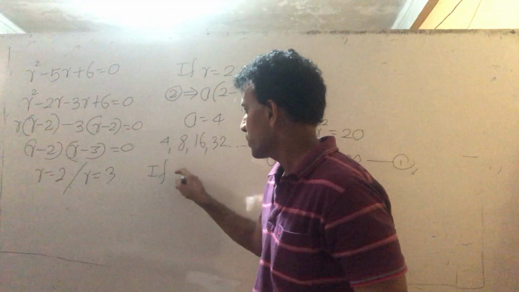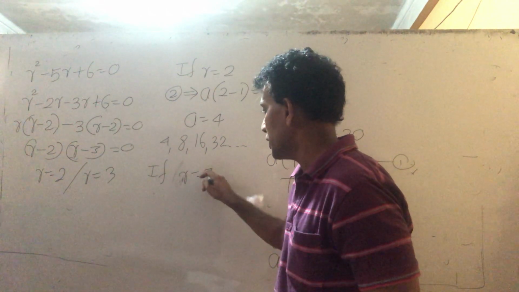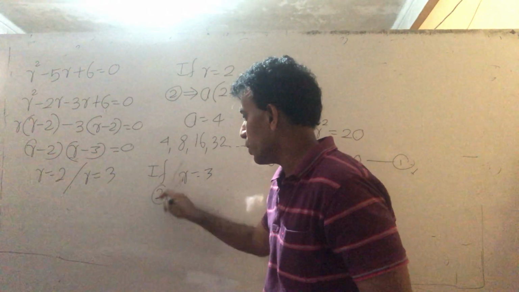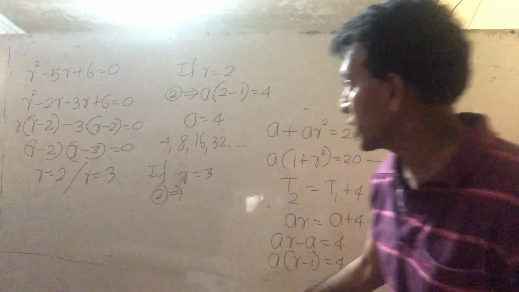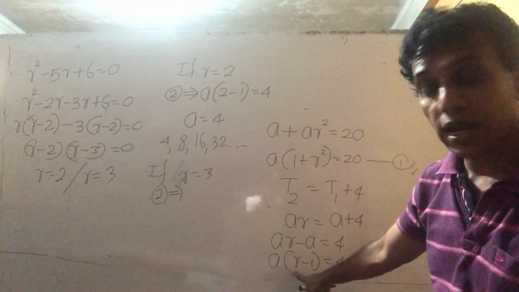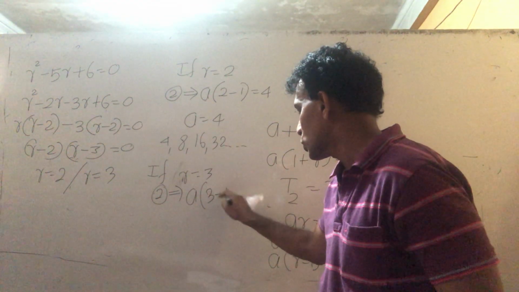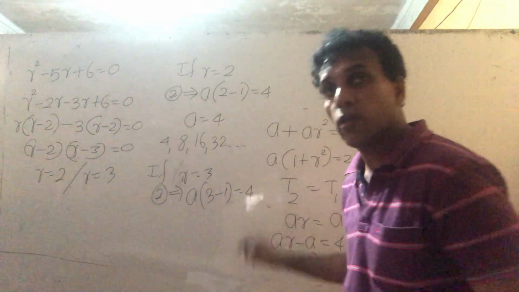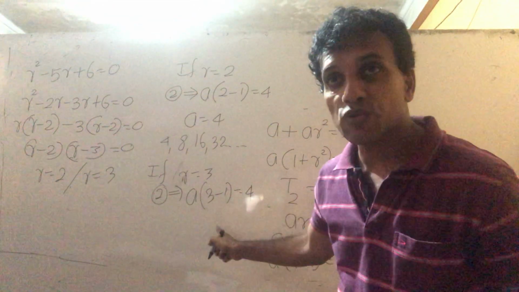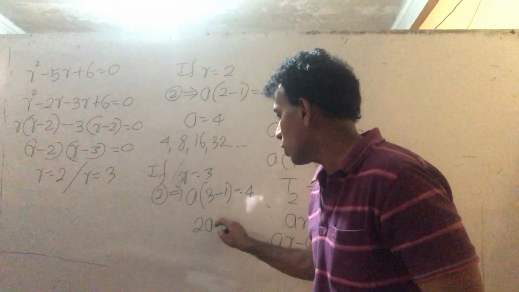Next, if r equals 3, put r as 3 in the second equation. So a times (3 minus 1) equals 4. 3 minus 1 is 2, 2 times a, 2a. 2a equals 4.